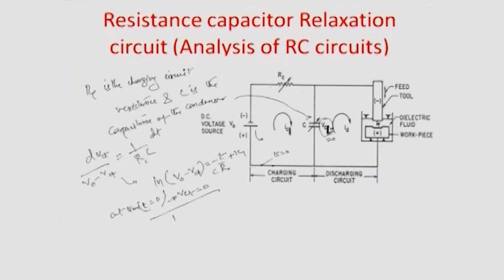we know that K1, for t equal to 0, VC(t) equal to 0, becomes ln V0.